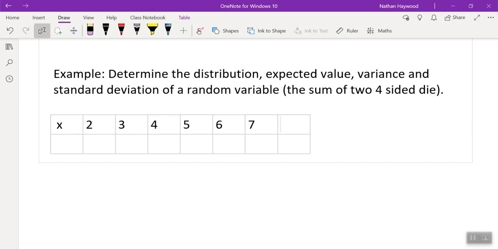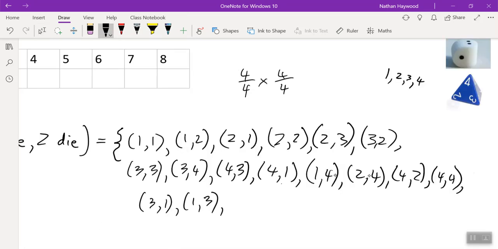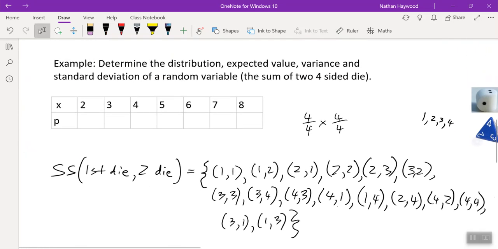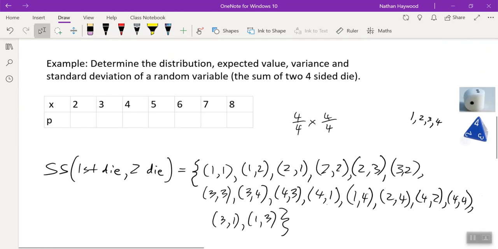So you should be drawing this in your book. The bottom row for a distribution table is the probability of each outcome. So that's all the possible outcomes for 2 four-sided die. That's the sample space. Any questions about that?